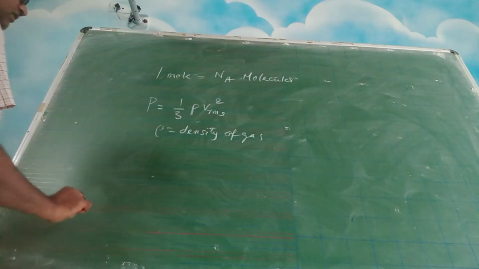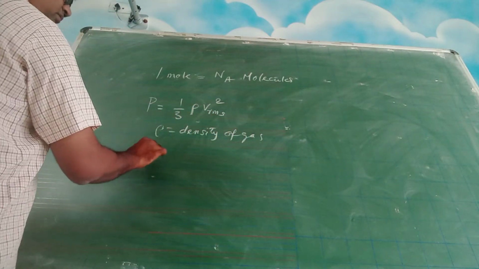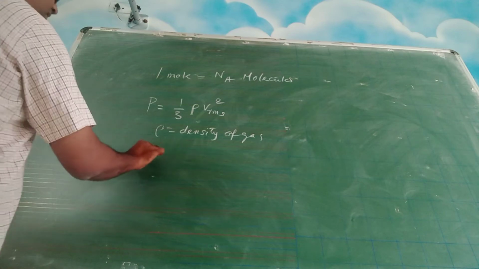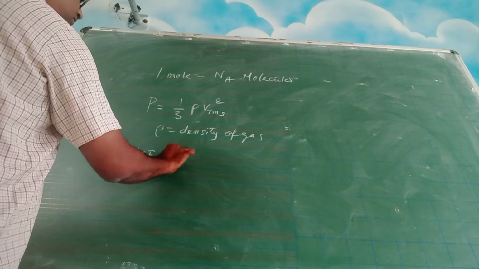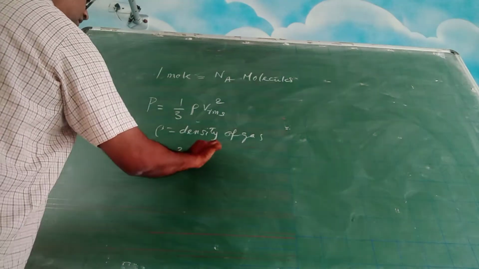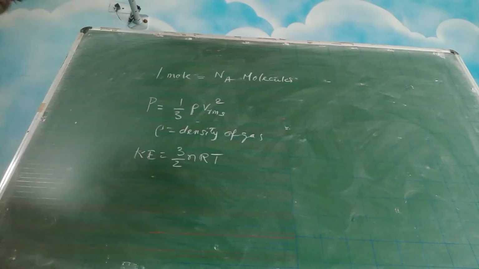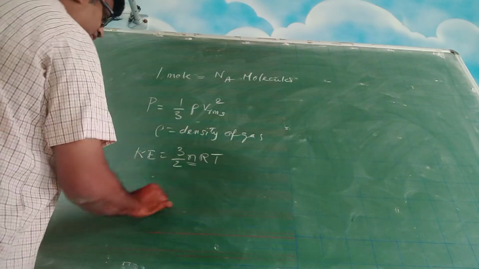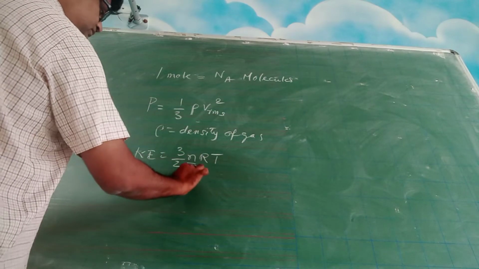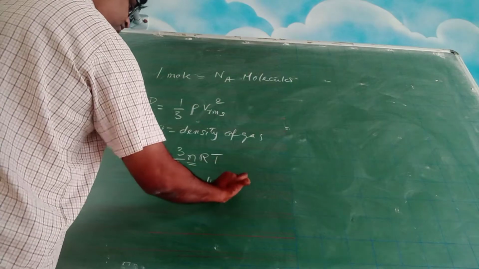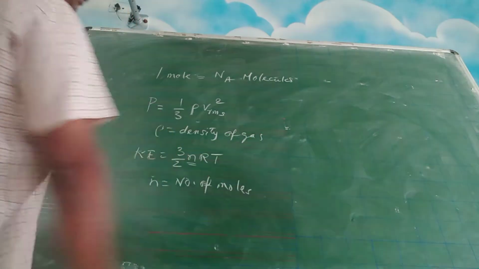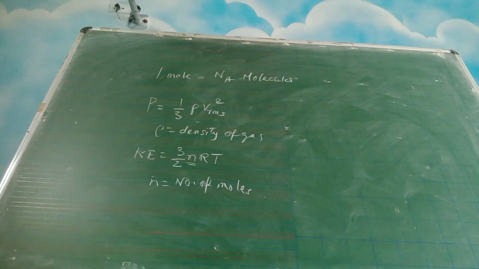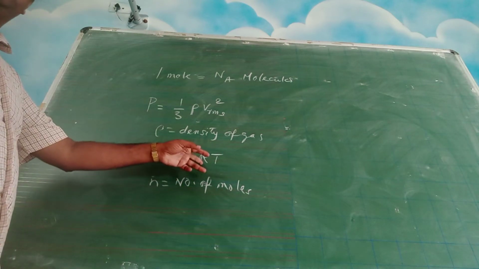From here we have derived another expression. What was that? KE is equal to 3/2 nRT. What is n here? n is the number of moles. It is not molecules. Okay? n is the number of moles. R is the universal gas constant.